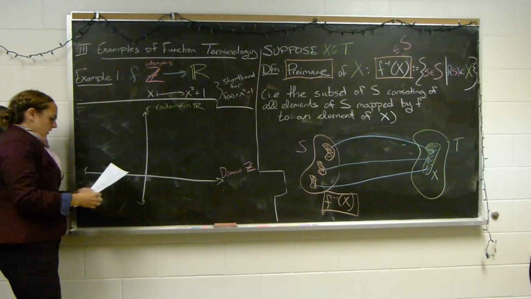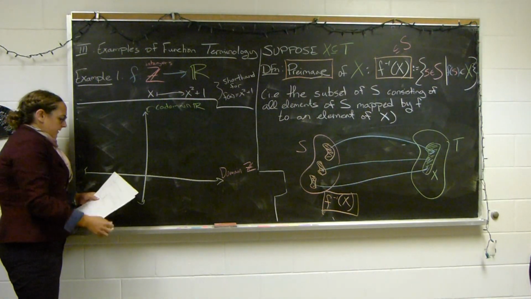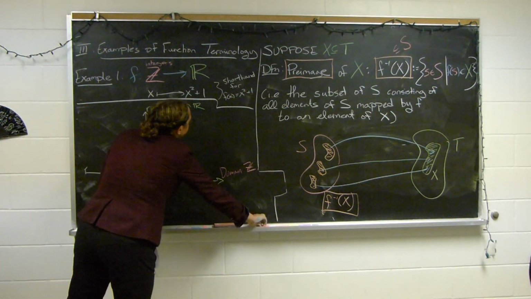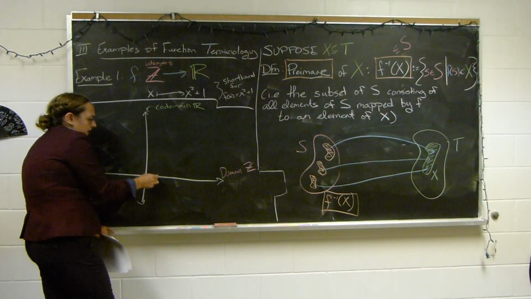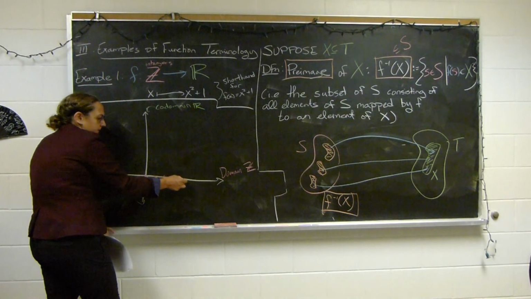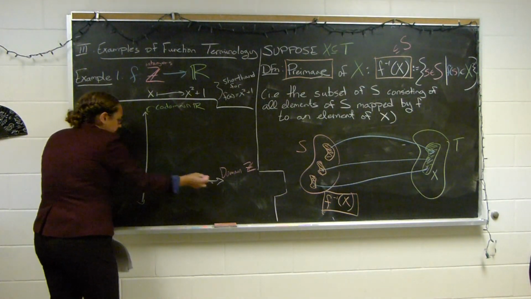So that's our codomain R. And this is not actually all of R here. The integers should just look discrete, like some evenly spaced dots.